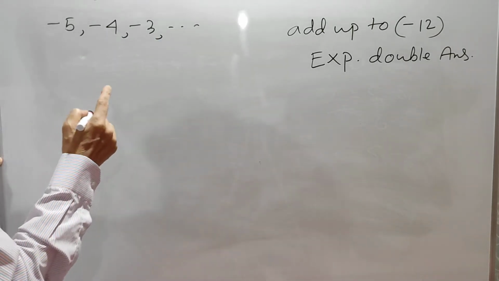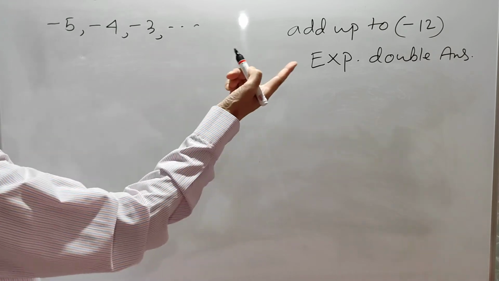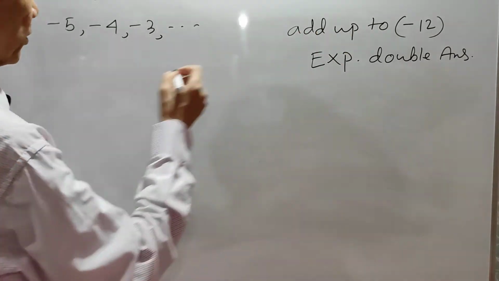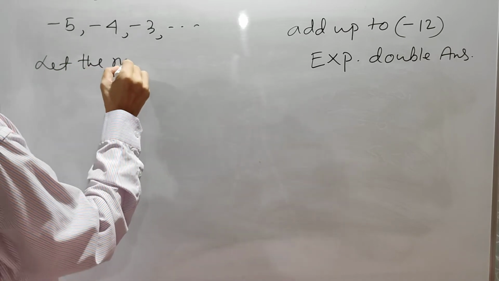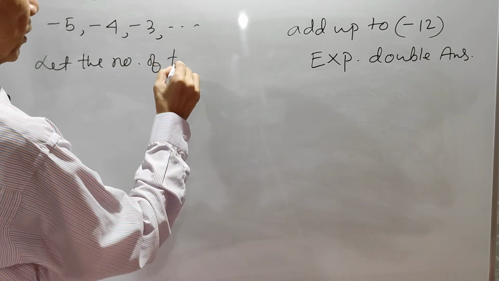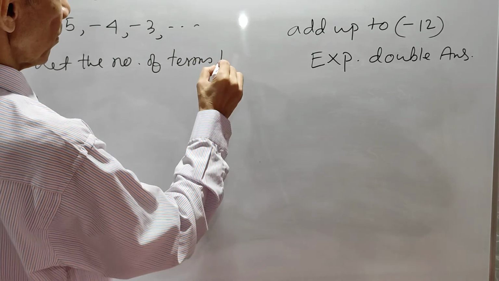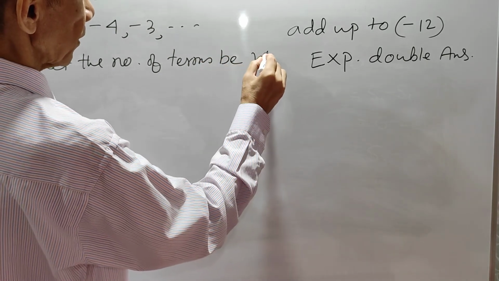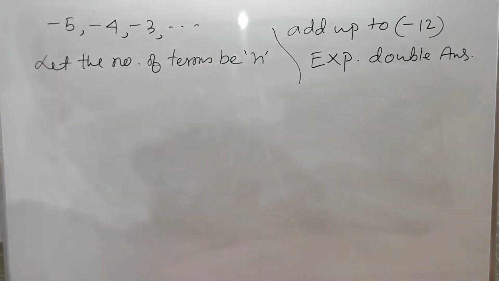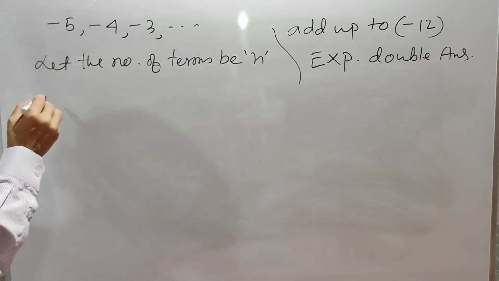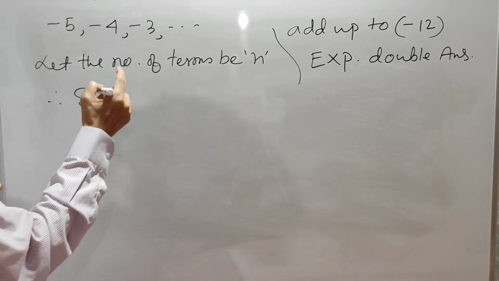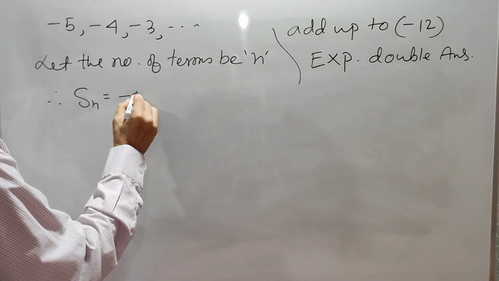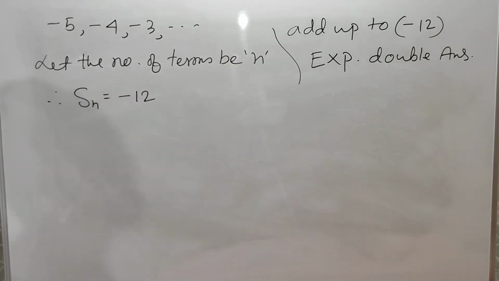Now, how many terms of this AP add up to that? So let the number of terms be n. So suppose n terms. Therefore, Sn, sum of n terms, equal to minus 12, isn't it?